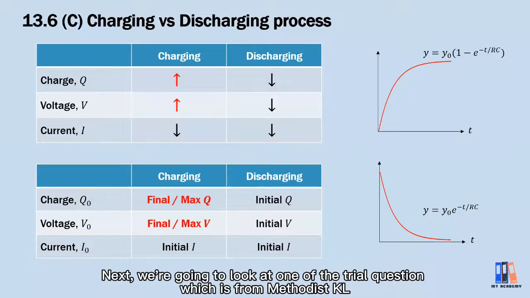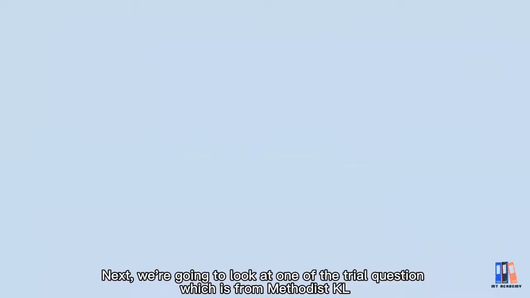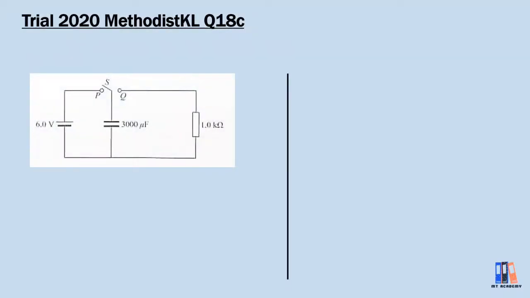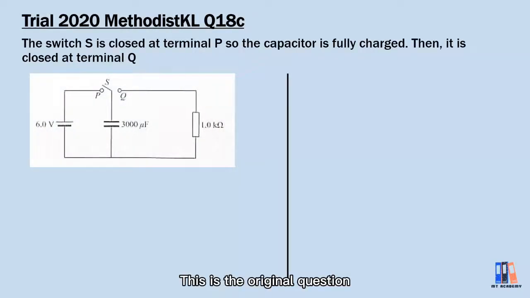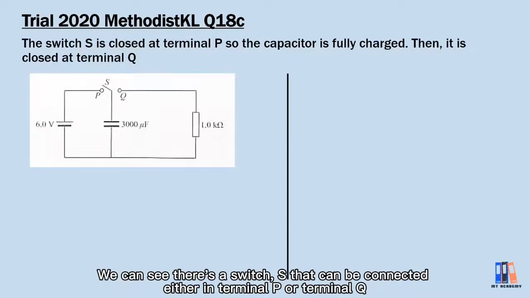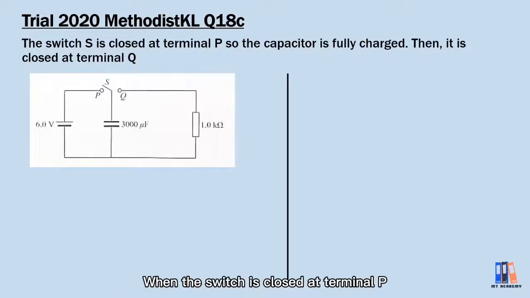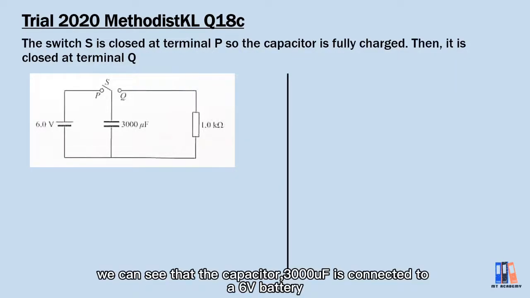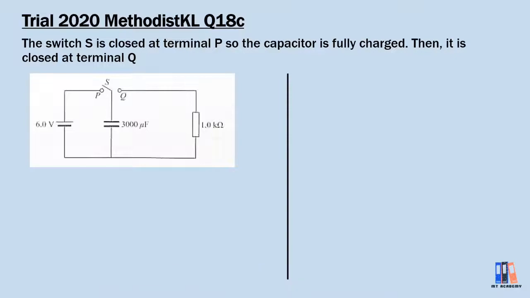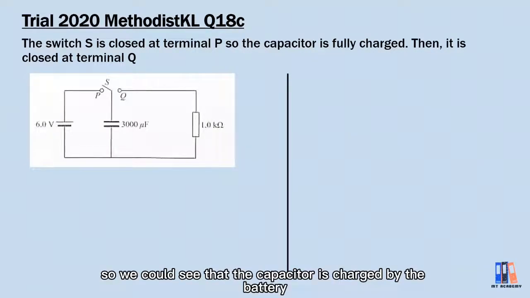Next, we're going to look at one of the trial questions, which is from Methodist KL. So this is the original question. We can see there's a switch S that can be connected either to terminal P or terminal Q. When the switch is closed at terminal P, we can see that a 3000 microfarad capacitor is connected to a 6-volt battery, so the capacitor is charged by the battery.